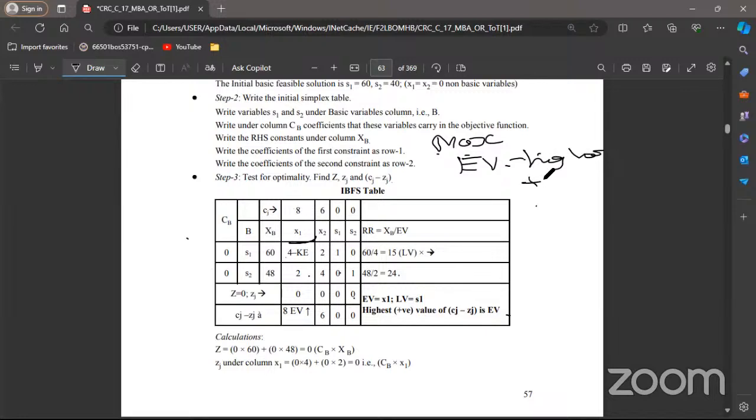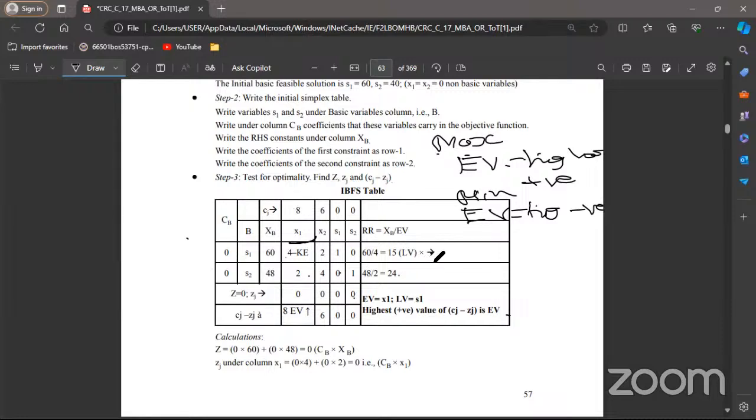If the objective function is minimized, EV will be the least negative, the highest negative number, or okay, the least negative number. But replacement ratio, whatever the objective may be, the value is least. We should take the lowest one. Okay, is that clear?